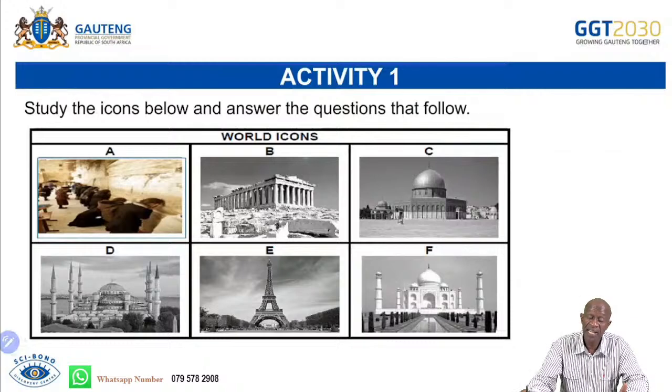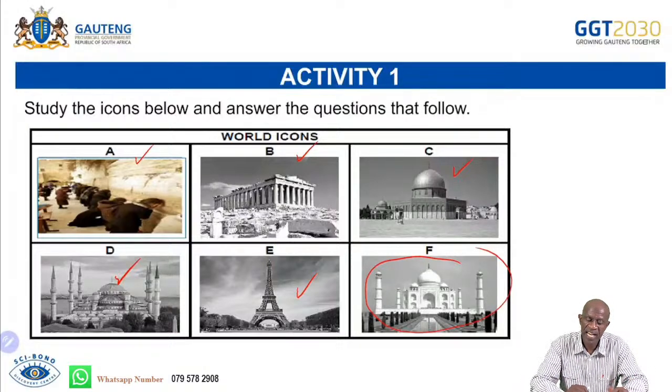As you can see here, you have your Wailing Wall, and you have the Parthenon, and you have Dome of the Rock, you have the French Riviera, you have the Blue Mosque, you have what we call the Taj Mahal. So these are your 6 icons given.